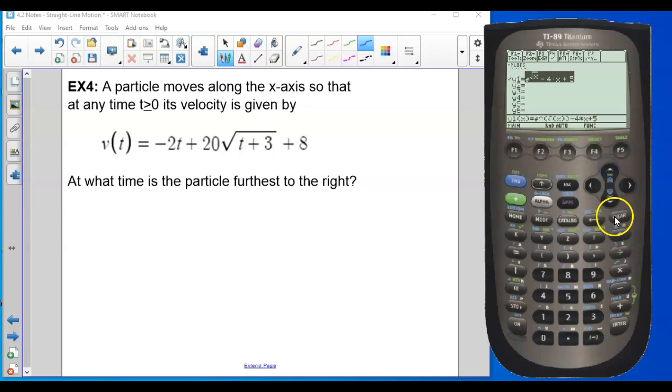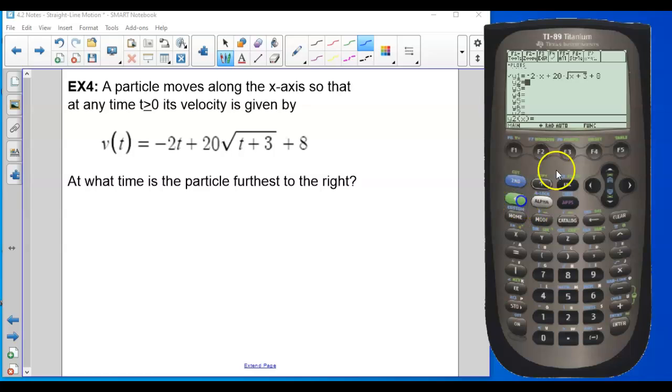And we're going to look at this graph. So I've got negative 2x plus 20 square root of x plus 3 plus 8.